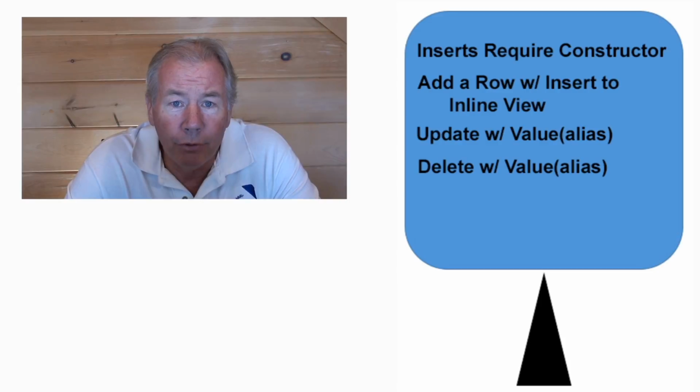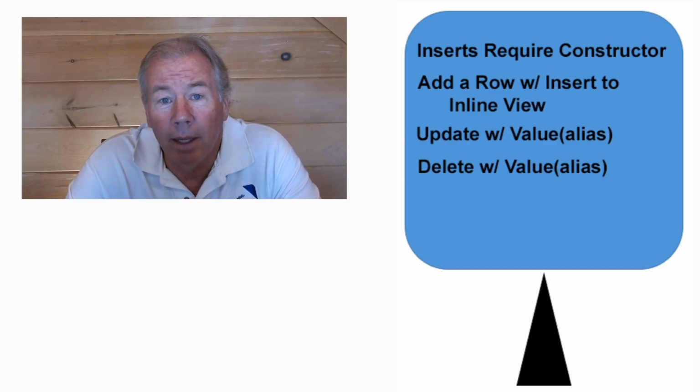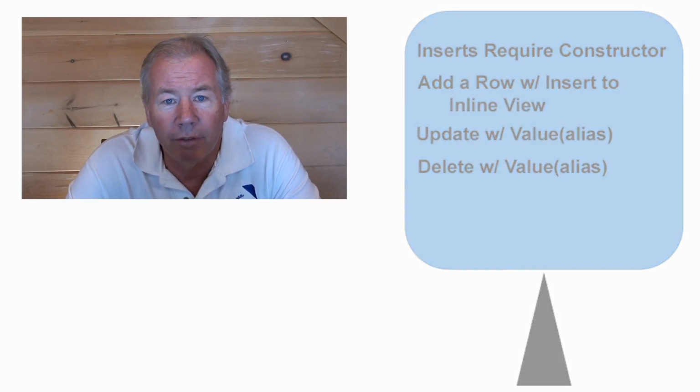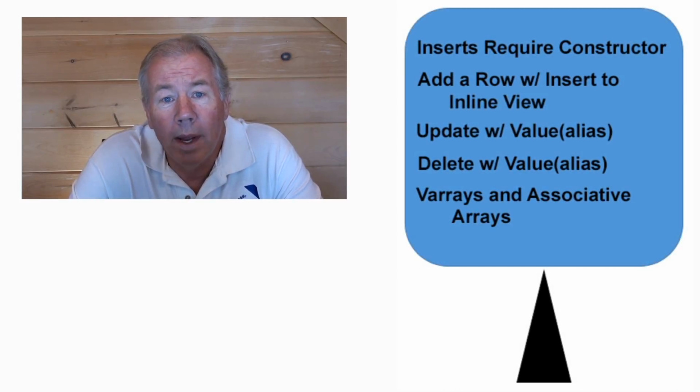Finally, we were able to delete a row from a nested table, again using the inline view strategy to identify those rows to be deleted, and then the values table alias in the where clause to again filter those rows out. Pretty straightforward stuff.